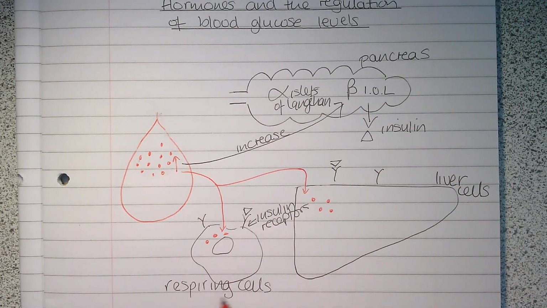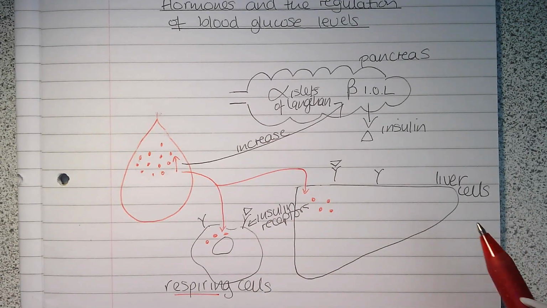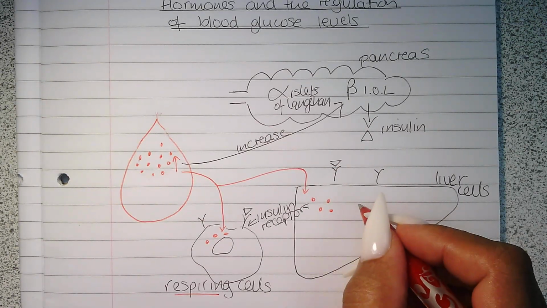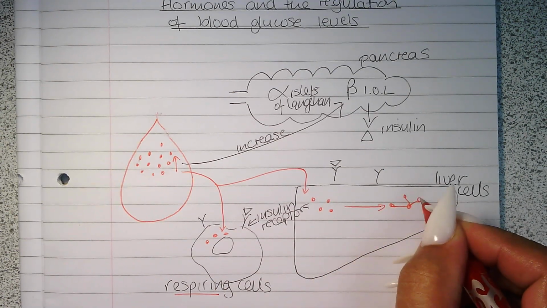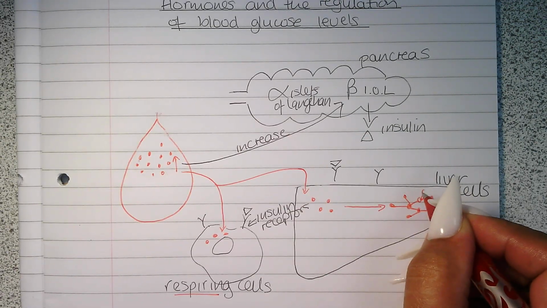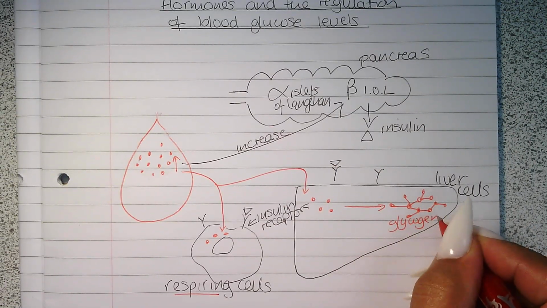When glucose enters the respiring cells, then respiration can take place. However, there may be more glucose than we need for respiration, which is the case. So what we now need to consider is what happens to the glucose when it enters the liver cells. As a result of the insulin binding to the receptor, the glucose can enter, and glucose is converted into a highly branched molecule with 1,4 and 1,6 glycosidic bonds called glycogen.